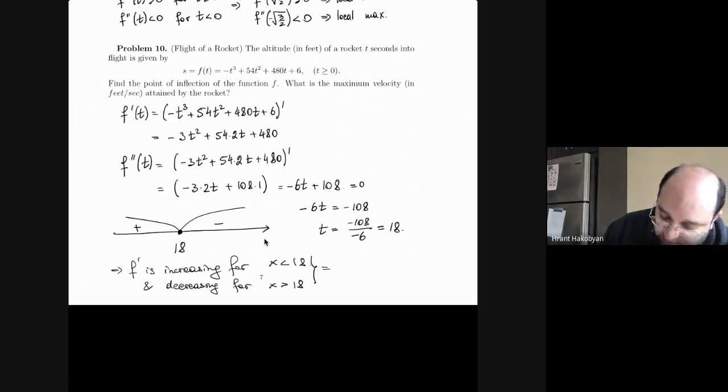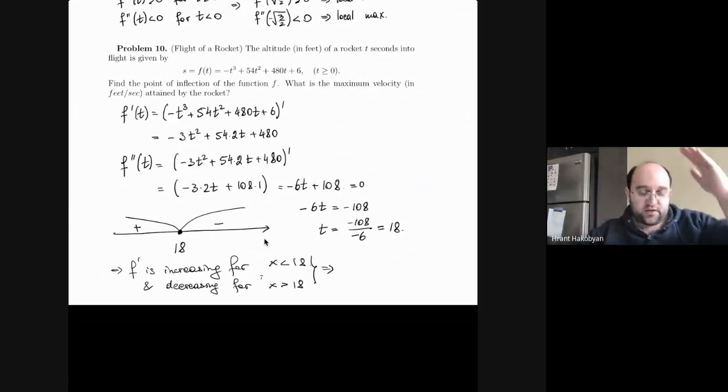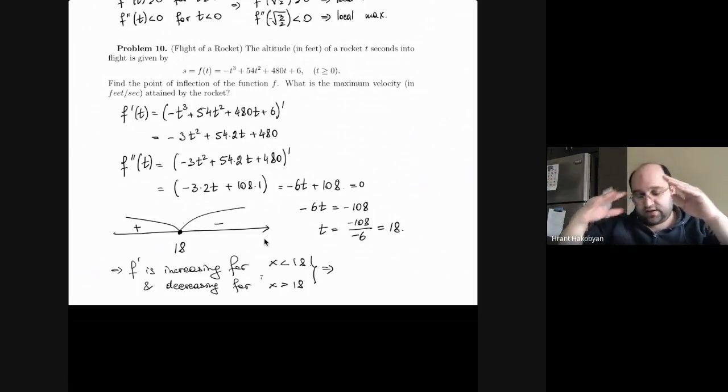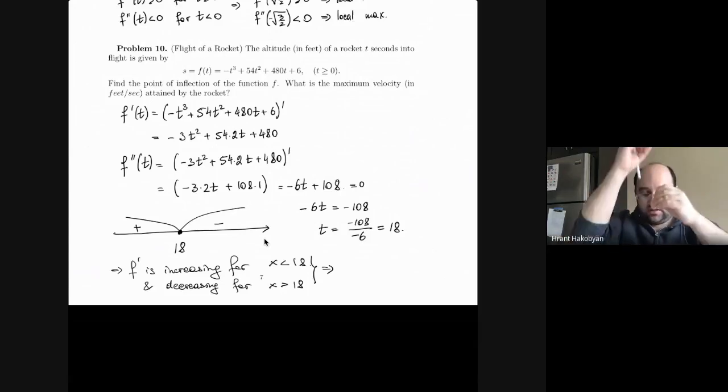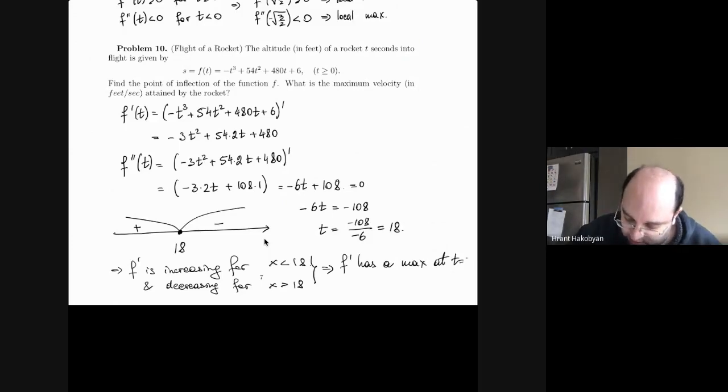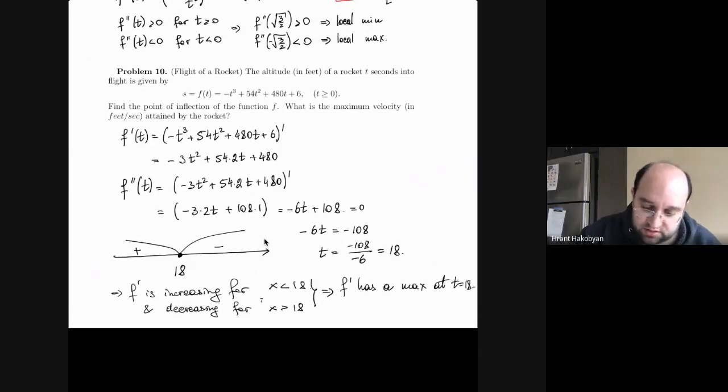What does that mean? If a function is increasing for numbers less than 18 and decreasing for numbers greater than 18, that means at 18 it has a maximum, right? So that means f prime has a maximum at t equals 18, right? The question was, what is the maximum velocity attained by the rocket?